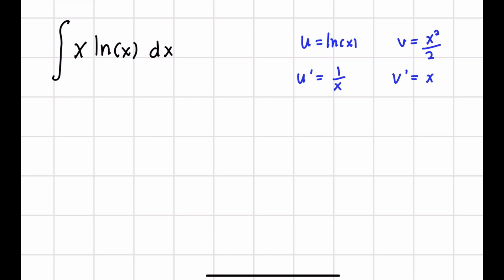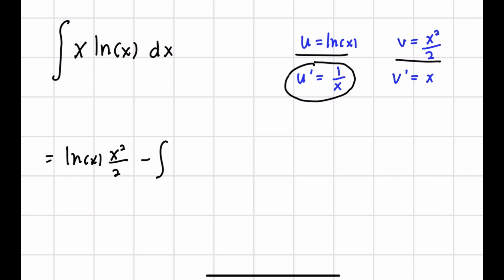So we have u times v, which is equal to ln x times x squared over 2 minus the integral of u prime times v. So that gives us 1 over x times x squared over 2. And you can see that the x and the x squared cancel.